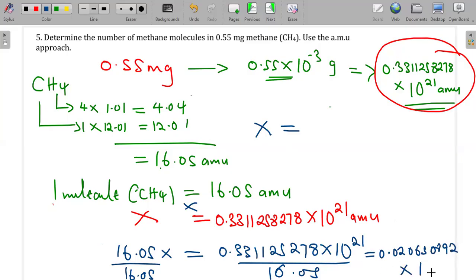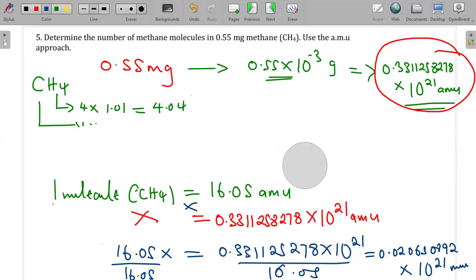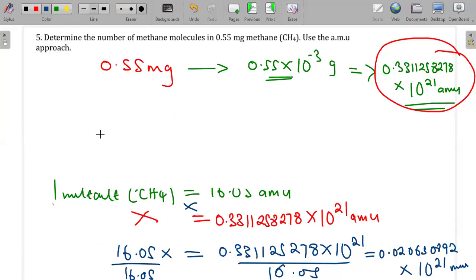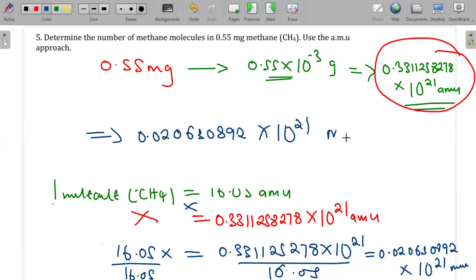I didn't touch it, so 10 to the power 21, and these will now be molecules. So I can write it nicely: 0.0206308892 times 10 to the power 21 molecules.